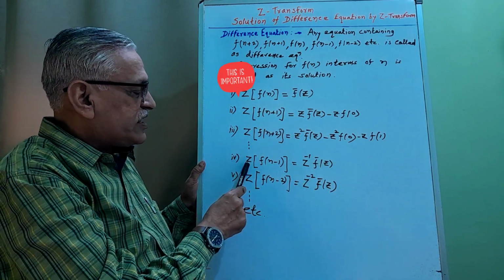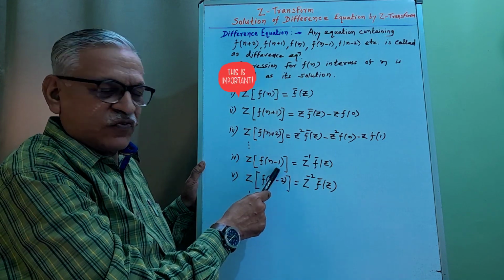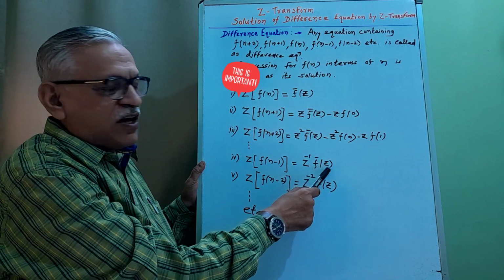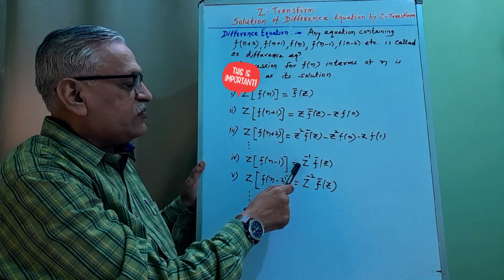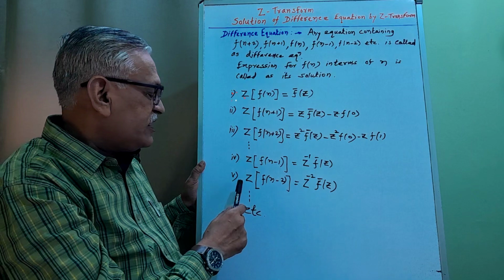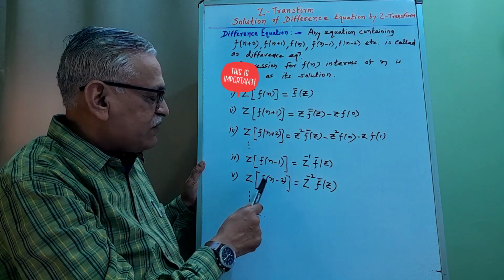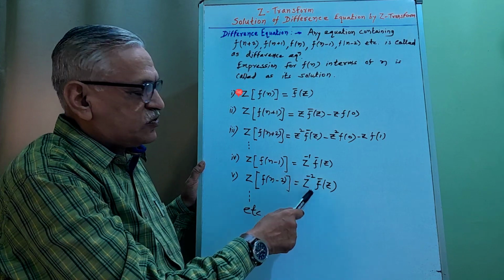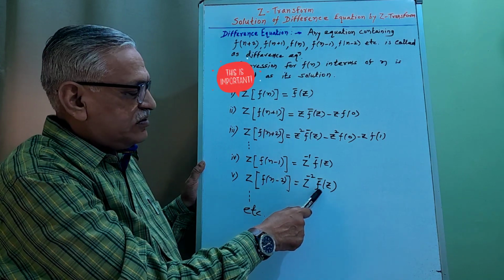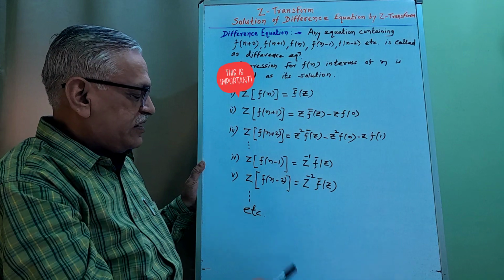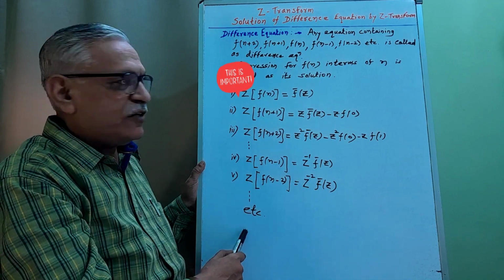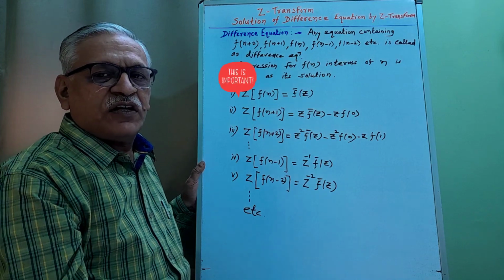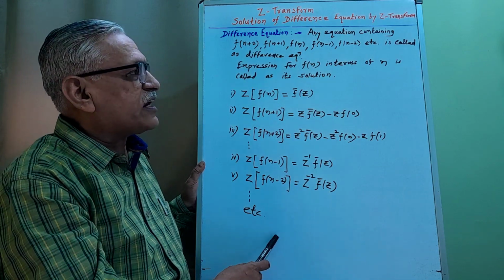Next, Z transform of f of n minus 1 is z raised to minus 1 f bar of z, and Z transform of f of n minus 2 is equal to z raised to minus 2 into f bar of z, and so on. These are the important results to obtain the solution of a difference equation by Z transform.